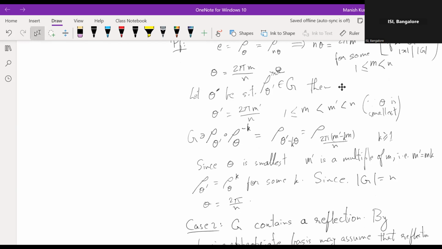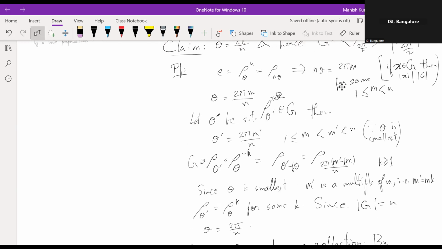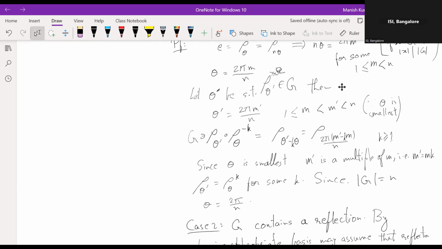So that tells you that every element of G, since I had taken rho theta prime to be an arbitrary element of G, is a power of rho theta, and hence G is a cyclic group. So G is generated by just rho theta itself. And since G has order n, what we get is that theta has to be 2 pi over n. It can't be anything else.